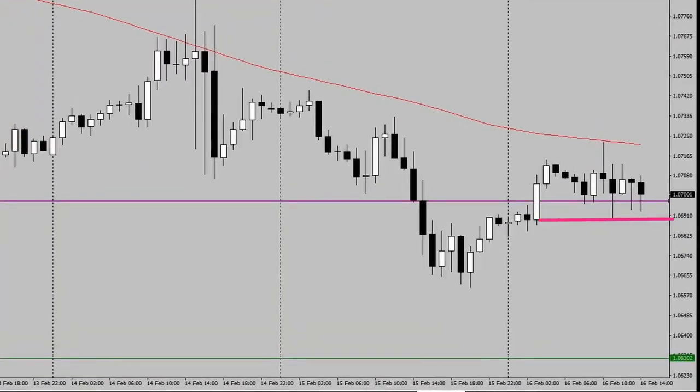And as you can see, from that perspective, that was our possible setup with a very tight stop, all right? In that case, 3R would be easily reached, at least 3R. So that's what you have to think about when you are trying to trade based on the levels.